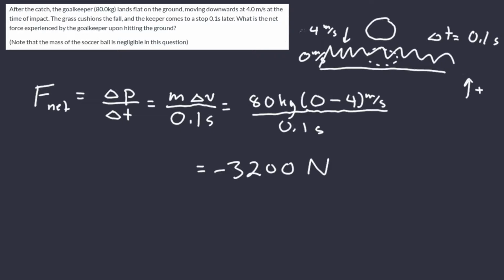In which case, this will need to be a negative 4 meters per second. And this equation here would be 0 minus a negative 4 meters per second, or just plus positive 4 meters per second, and our force would come out positive.